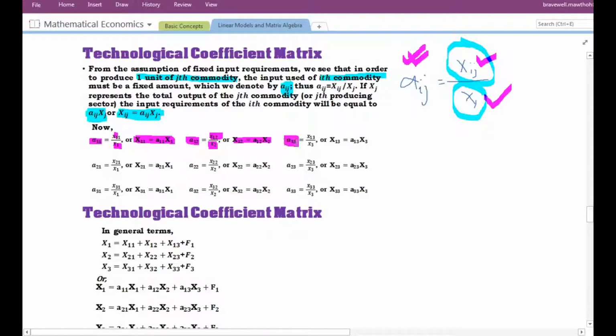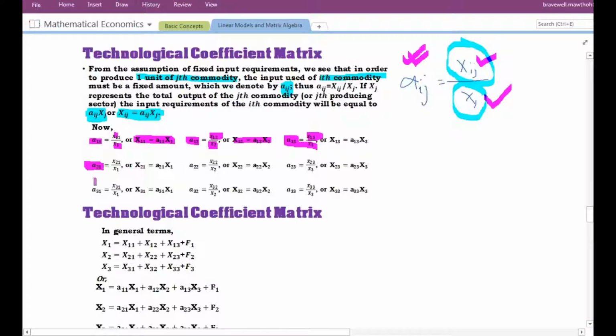A13 is the fixed amount of input of the first industry which is used in the production of the third commodity, and it is obtained by dividing the units of output of the first industry used as inputs in the third industry by the output level of the third industry.